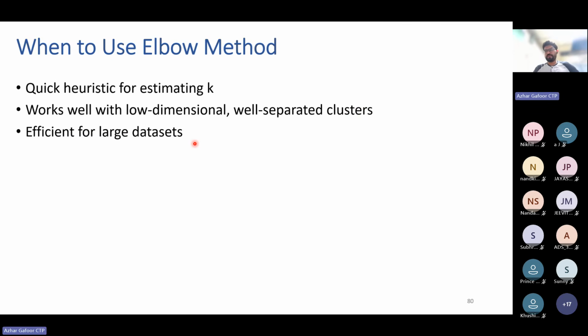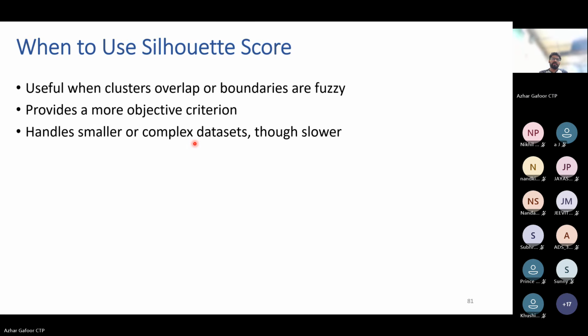So we have seen the elbow method as well as the silhouette method. So when to use the elbow method? It's a quick heuristic tool for estimation of K. It works well with low dimensional data or well separated clusters, and it is efficient for large data sets. And when do we use the silhouette score?